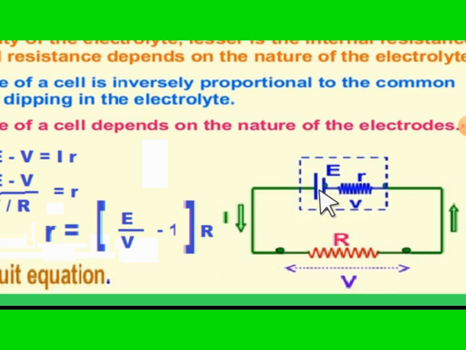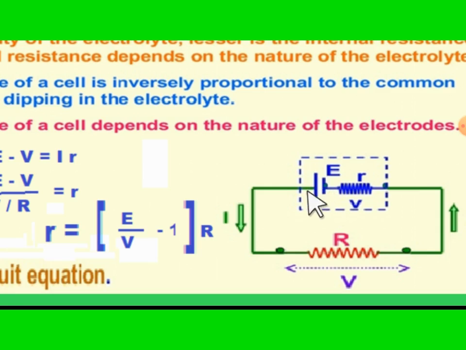the common area between these two electrodes. Suppose you have two plates; you must be remembering in the case of the Leclanche cell or Daniell cell, if the electrode is just like a thin plate, then what happens? The common area of the two electrodes, either it may be zinc or copper.